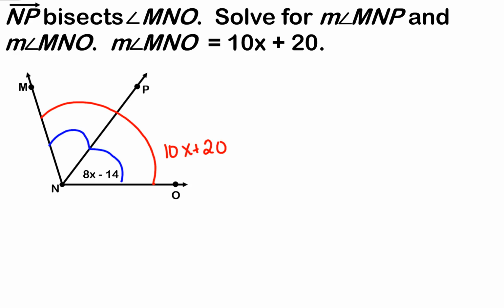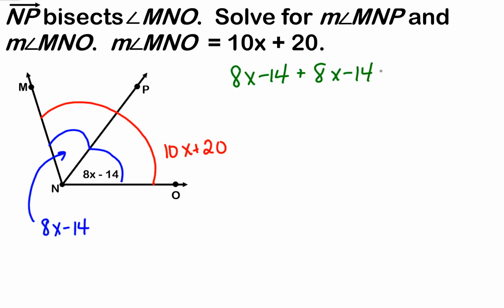I know that MNP has to be the same as PNO, so I can say that that angle is also equal to 8x plus 14. So then I can set up the equation 8x minus 14 plus 8x minus 14 is equal to 10x plus 20.